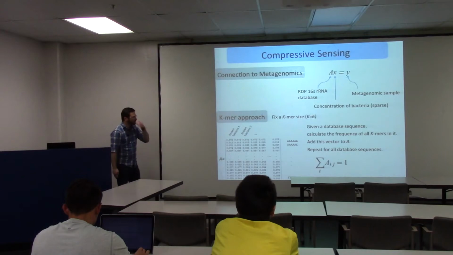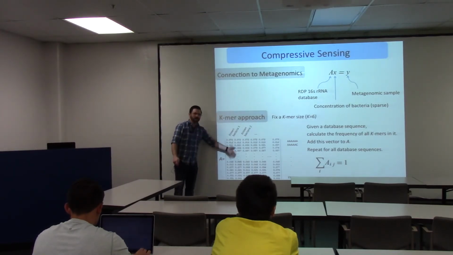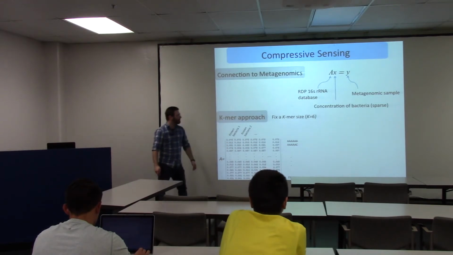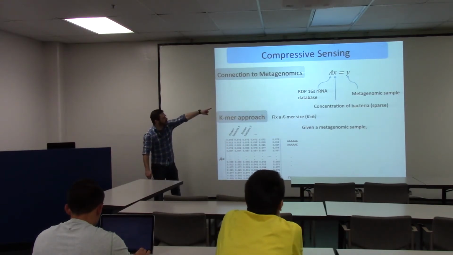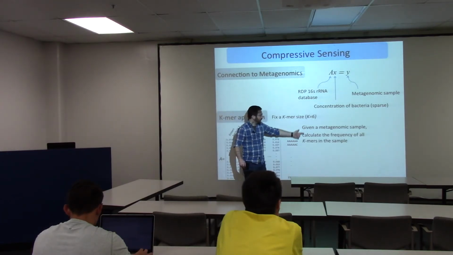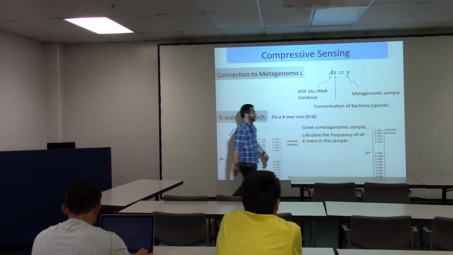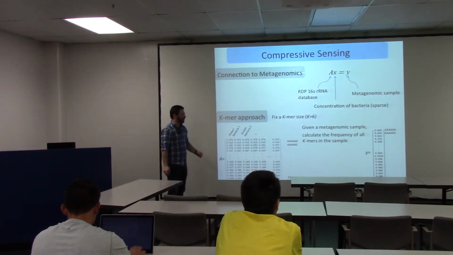Okay, one thing to observe about this matrix right here is that the column sums are 1, right? Because these are probability vectors. Then we can construct our Y right here by giving the sample. You just calculate the frequency of all the k-mers in it. So you have the sample of all the reads, and you compress it down by calculating the frequency of all those k-mers.